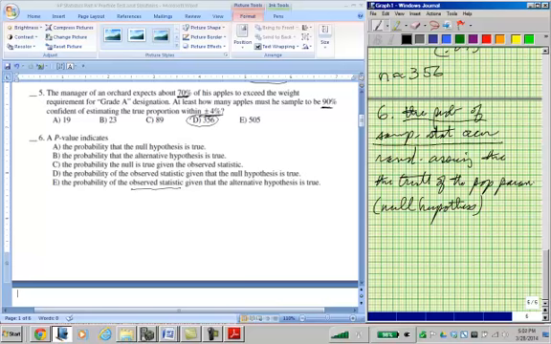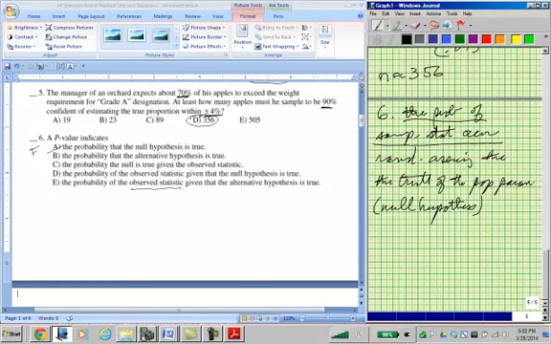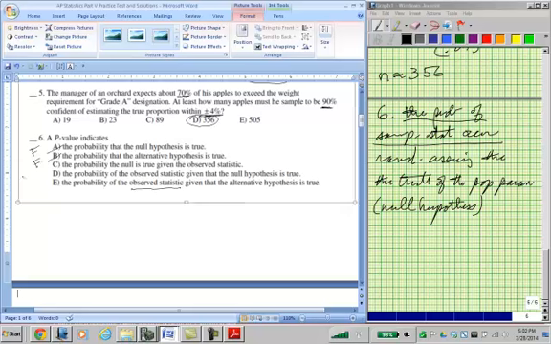So A is false. It's not about the probability of the null hypothesis. B, the probability of the alternative hypothesis. Again, it's not about the hypotheses. It's about the probability of the sample statistic assuming the truth of the null hypothesis. So B is false.